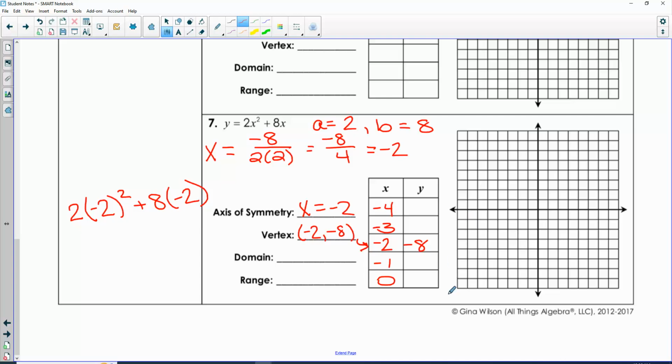All right. You guys have -4, -3, -1. You 3 have 0. Plug it in.